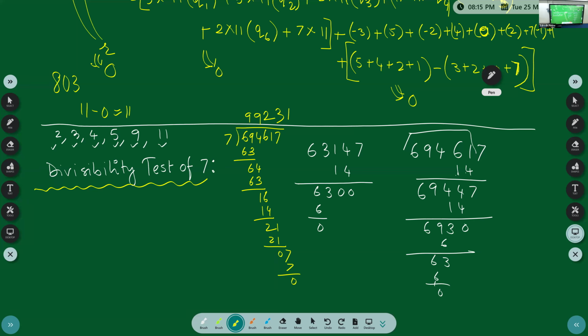I just tried with 77: 7 minus 14 comes to 7. Yes.